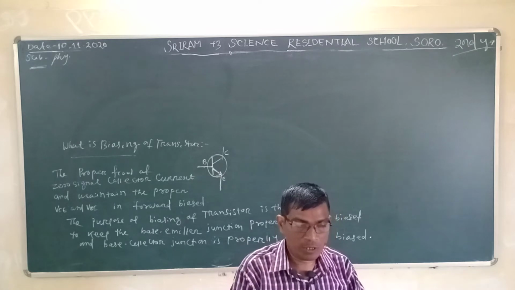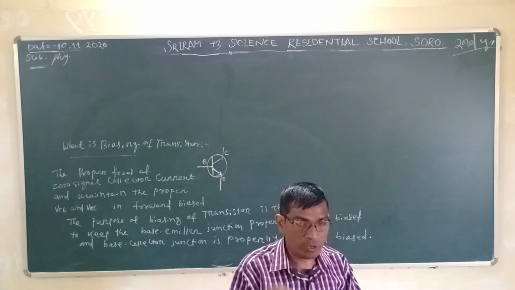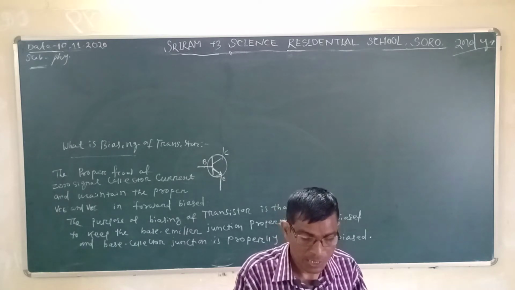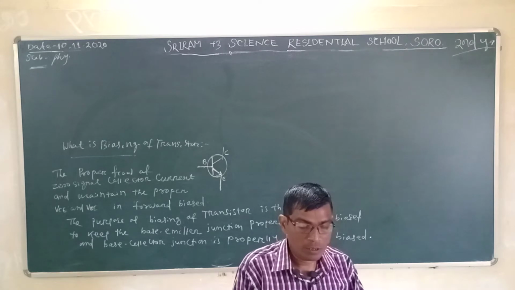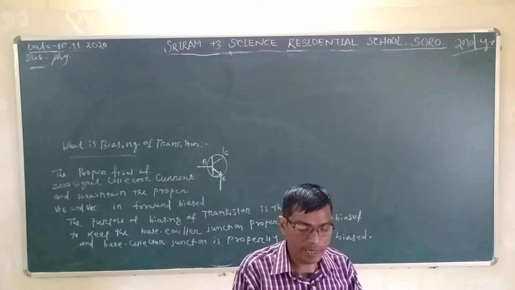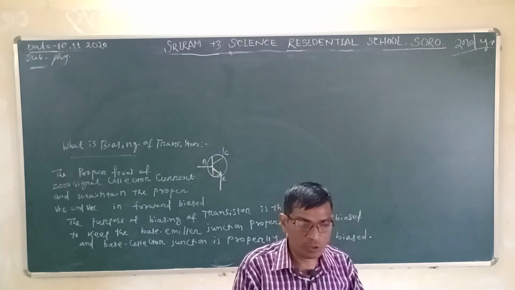So the definition is the proper flow of zero signal collector current to maintain the base emitter junction forward biased and the collector base junction properly reverse biased.